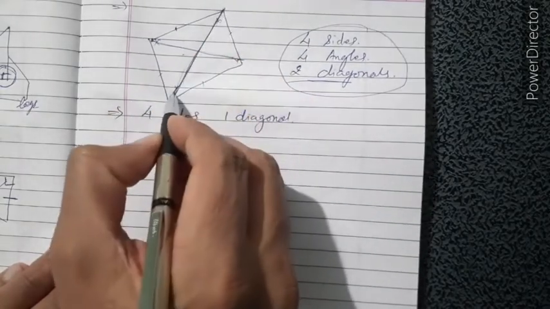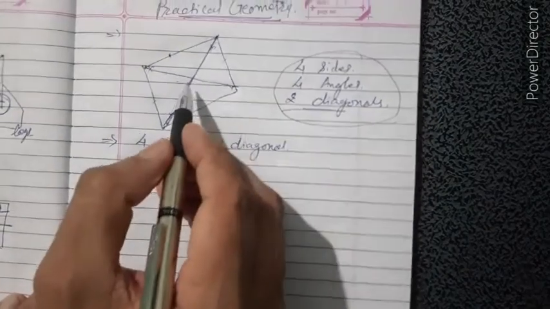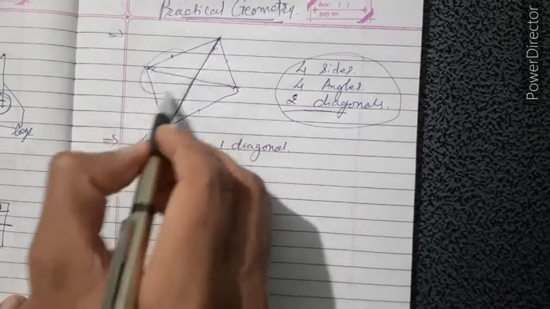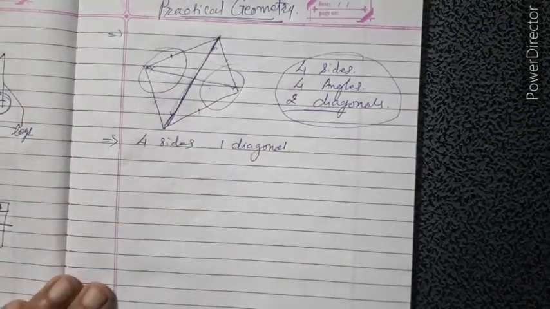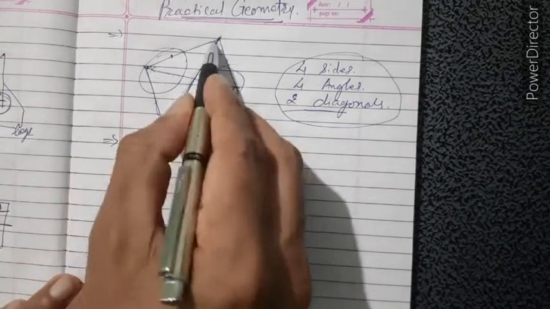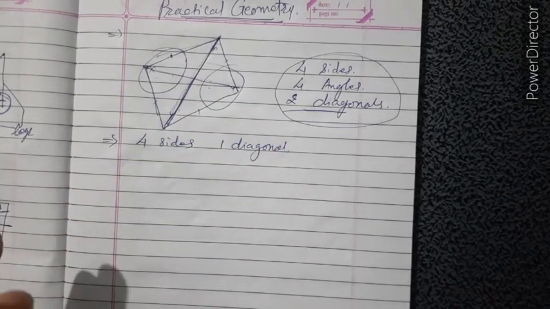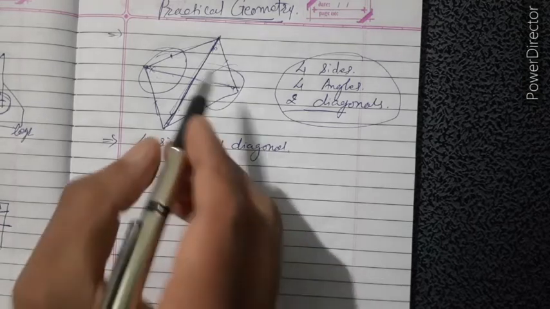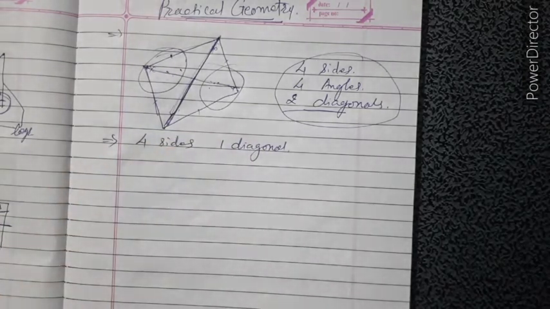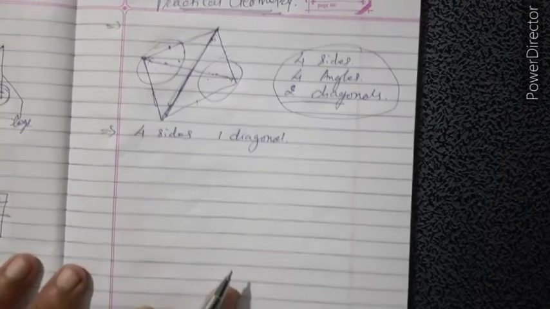It divides that quadrilateral into 2 parts, and both parts are triangle shaped. That means we have 2 triangles, and you just construct those 2 triangles, and you know how to construct a triangle.